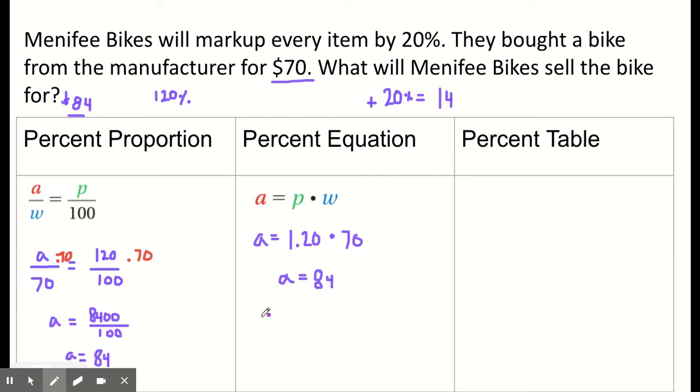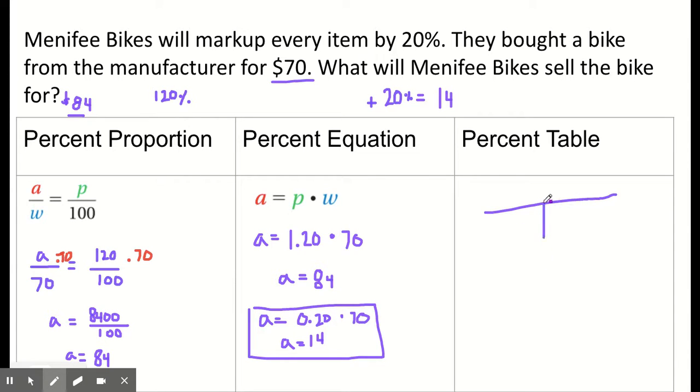Now, let's say you were just trying to find the 20%. You're going to do A equals 0.20, that's 20% as a decimal, times 70. A would equal 14. So that's the markup. This is your markup cost. The 84 is the final cost.